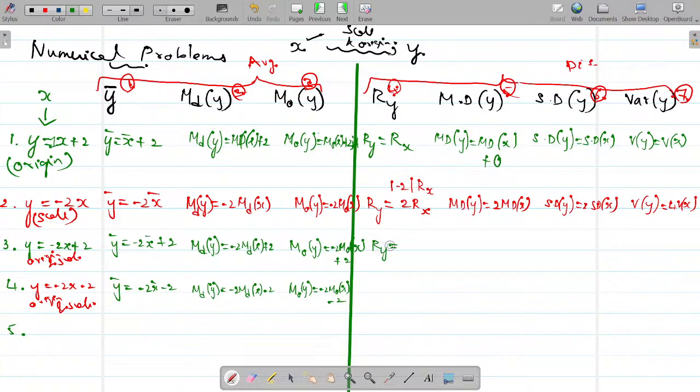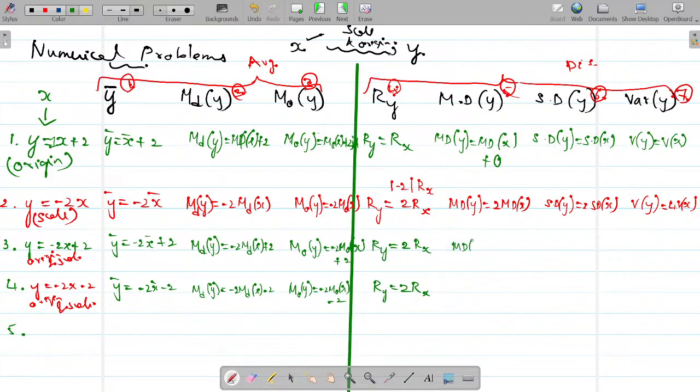Ry is equal to Rx. That's it. No plus 2. See, change of origin is not affecting. Okay. Yes, this one. R, Y. Yes, please. Minus sign is also not affecting. Yeah.